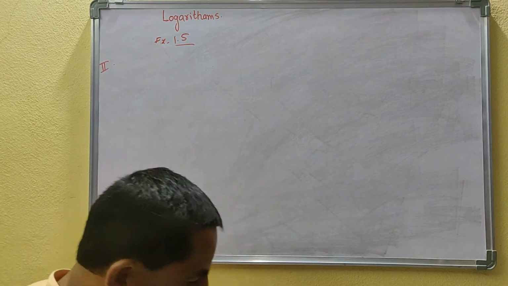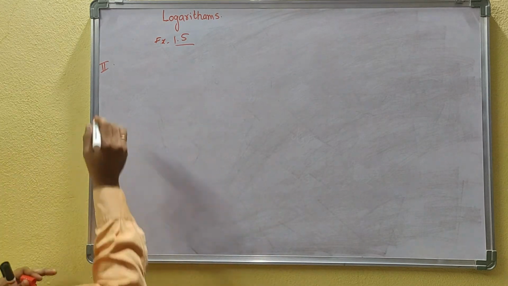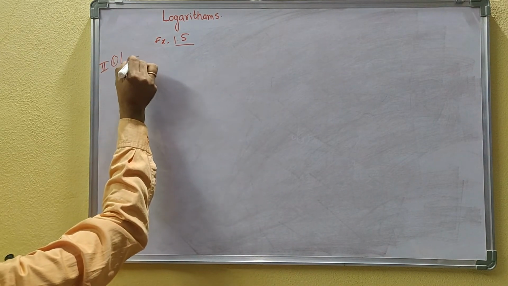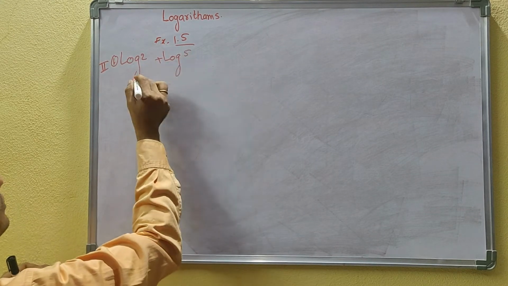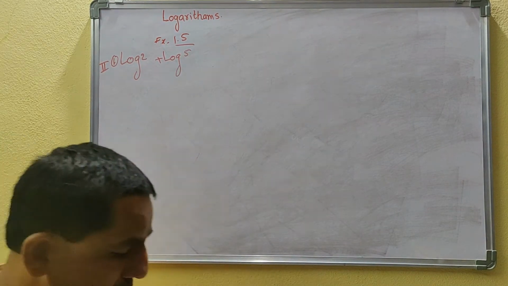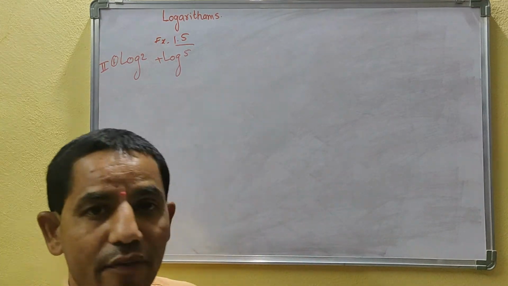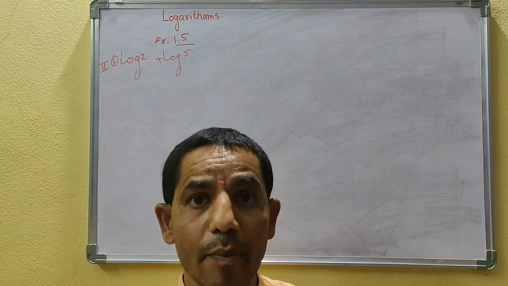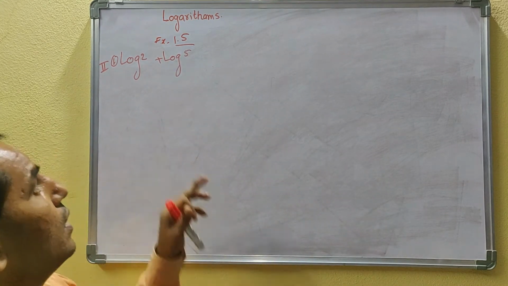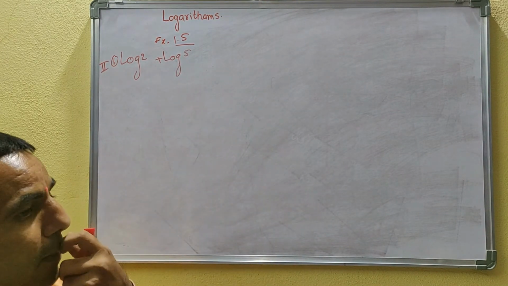So first question, log 2 plus log 5. Here base values are not given. First remember the formulas. Log AB is equal to log A plus log B. So here, reverse: log A plus log B is equal to log AB.